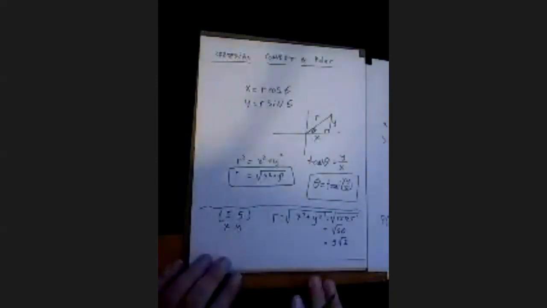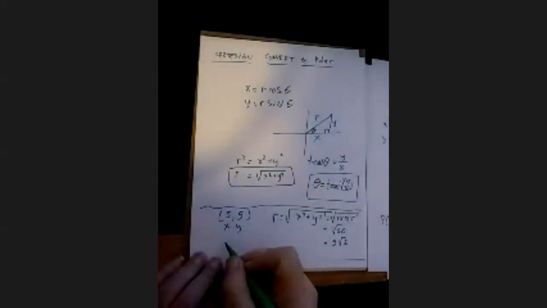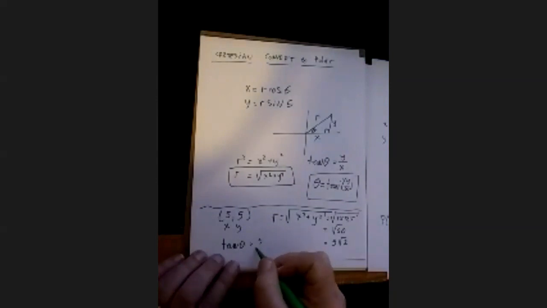Are we good? Now, the tangent of theta is y over x, which is 1.